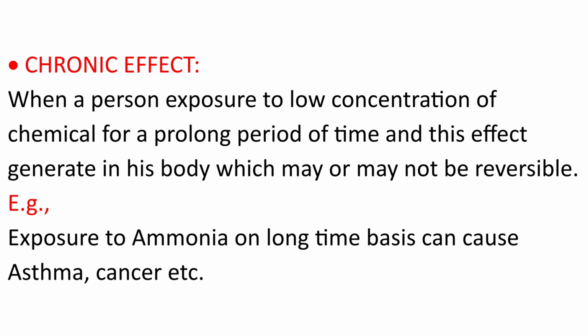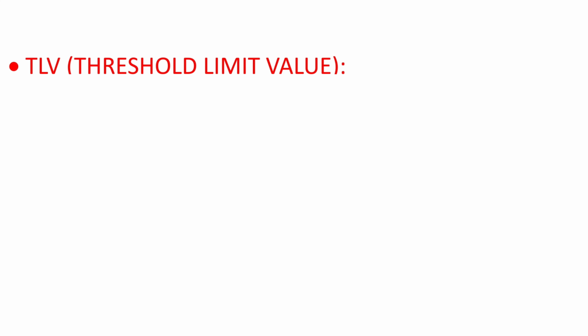Chronic effect. Answer. When a person is exposed to low concentration of chemical for a prolonged period of time and this effect generates in his body which may or may not be reversible. E.g., exposure to ammonia on long-time basis can cause asthma, cancer, etc.